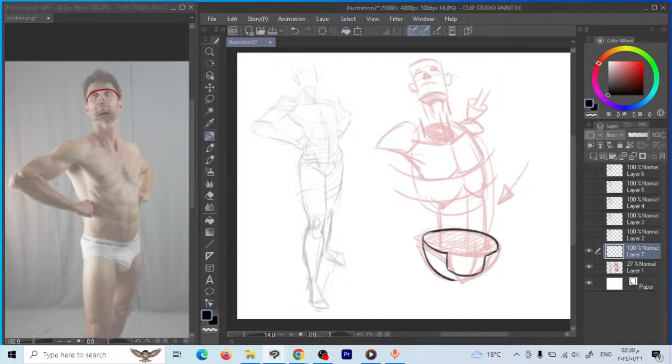The rib cage. That is where the pecs are going to go. That's it.